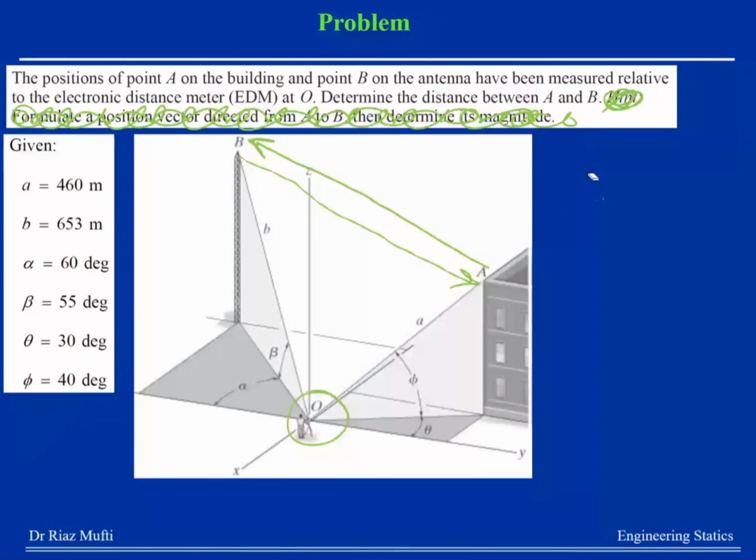Okay. So what we are after is the distance AB. I can do either position vector AB or BA, any one. But to do that, first I need to find the position A and also the position B. So I can find RA and RB, just like we looked at.